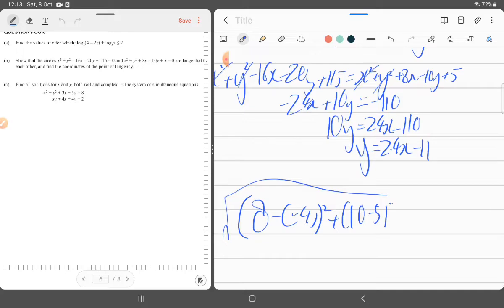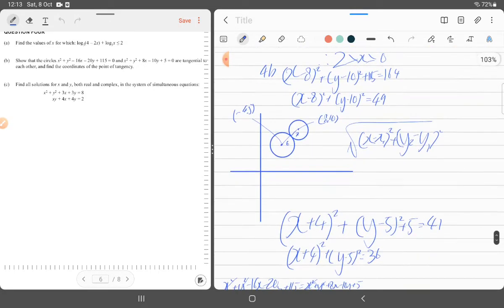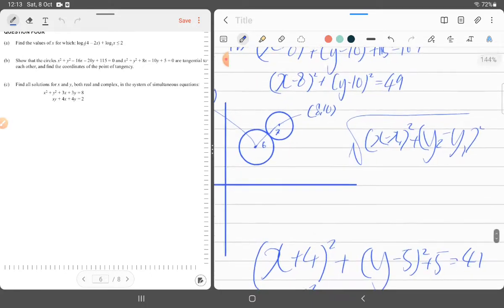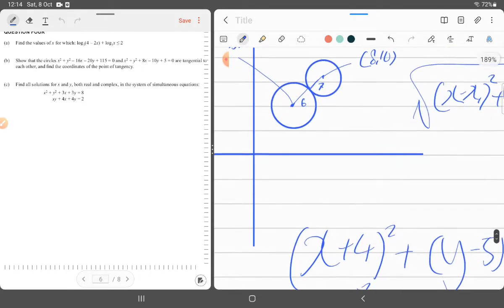Square root of 12 squared plus 5 squared, which is equal to 13. I think we can just put this into ratios. 6 times 8.